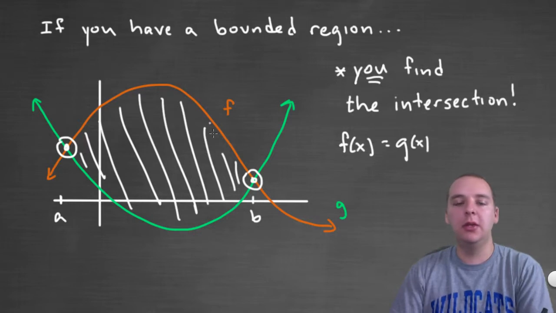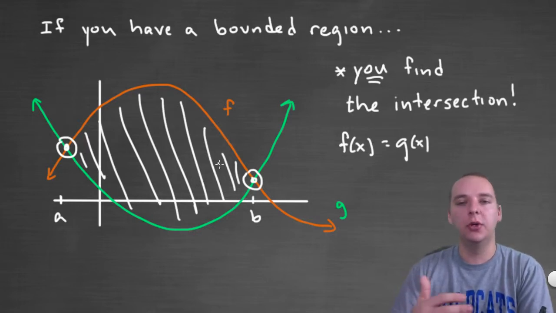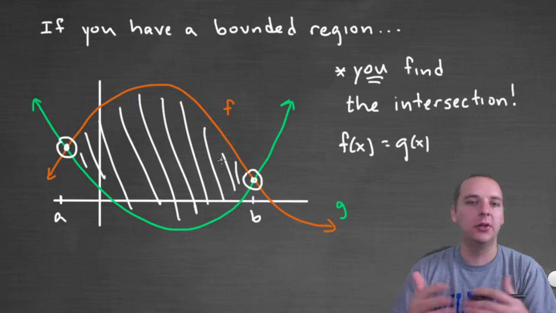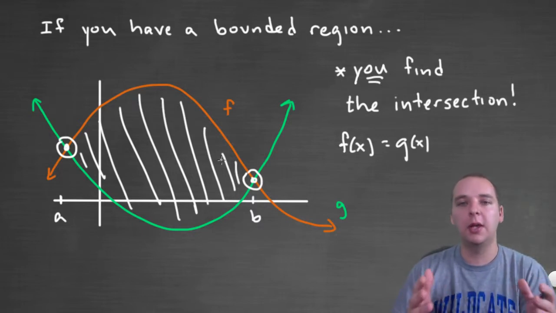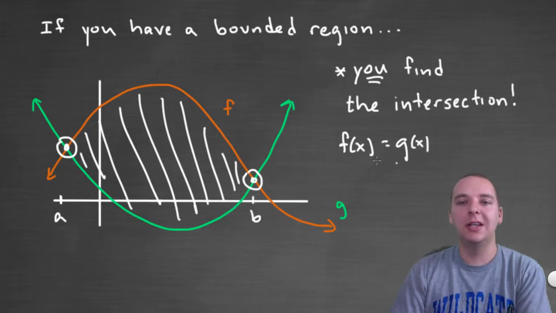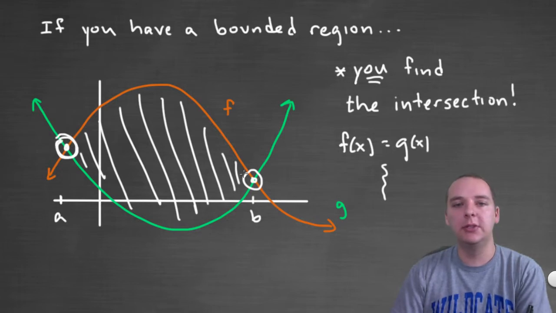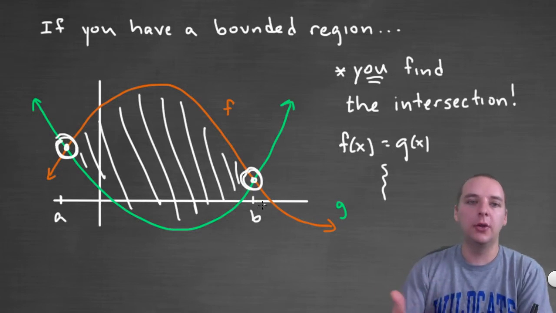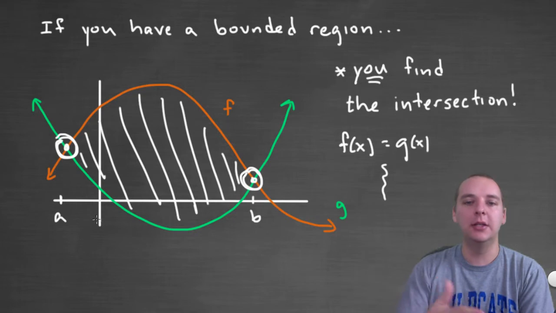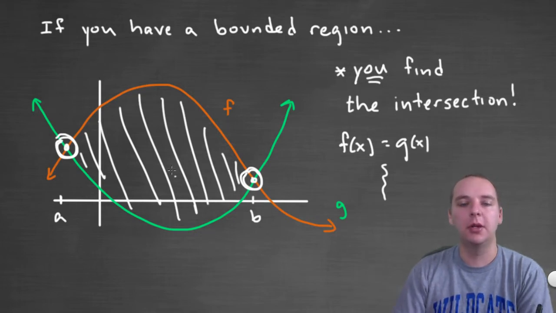This might be a quadratic set equal to a cubic, or one trig function set equal to another, or who knows what type of equation, but you set them equal to each other and solve it. The answers you get will be the places where these two curves intersect, which in turn will be your limits of integration when the time comes.